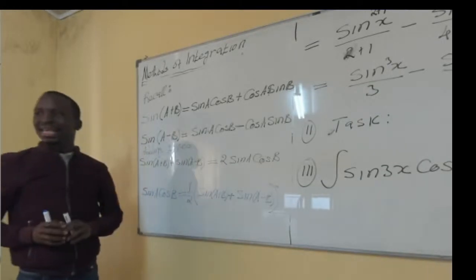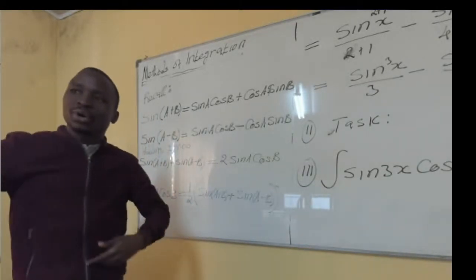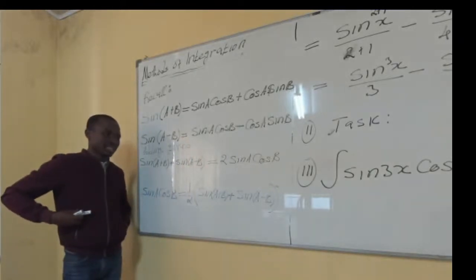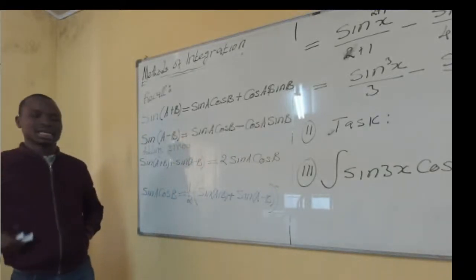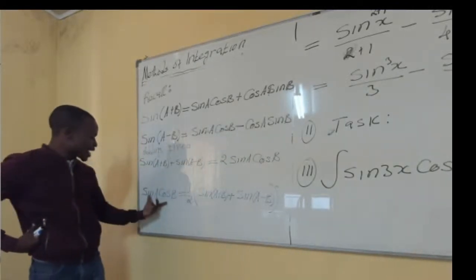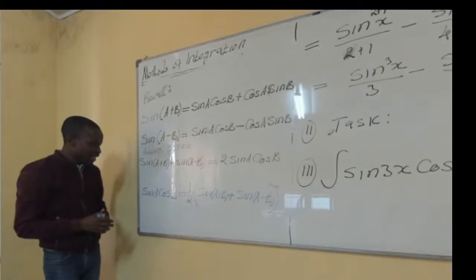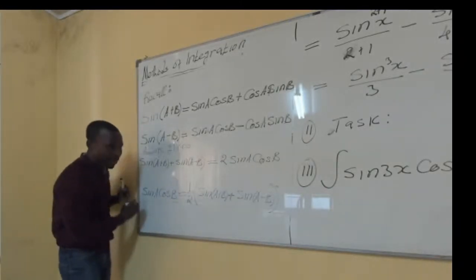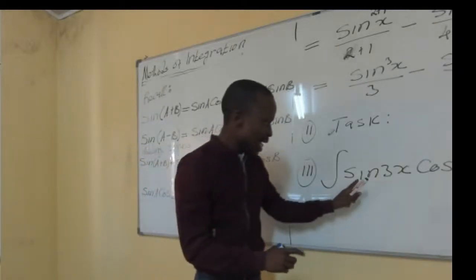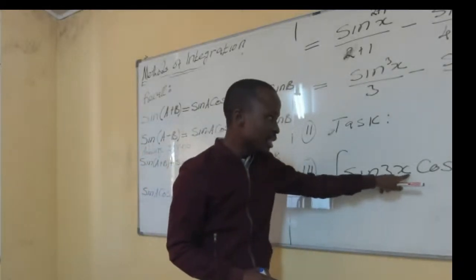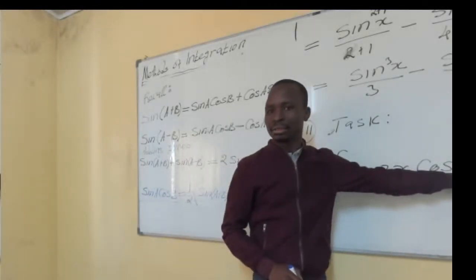Now, let's go back, rewind to what we started with. Because of this kind of identity, if you compare, the term sine A cosine B is the same as sine 3x cosine 2x. In this situation, A is equal to 3x and B is equal to 2x.